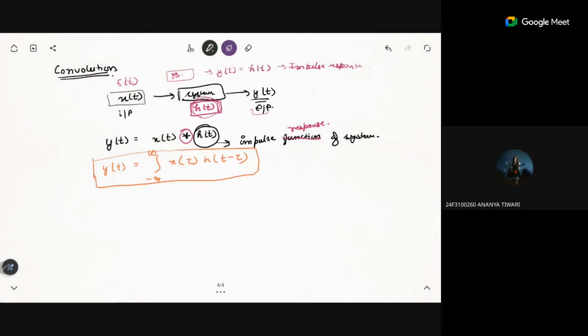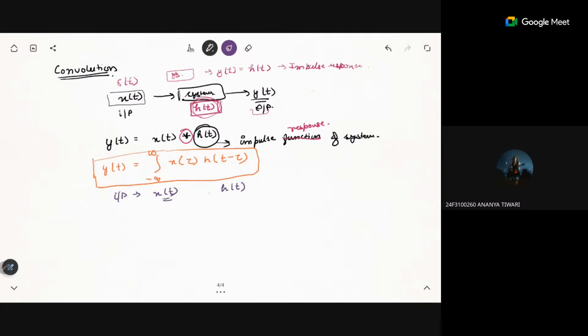Firstly, whenever there is a question, what will you get? You get your input signal, x of t, and your transfer function, the impulse response, h of t.